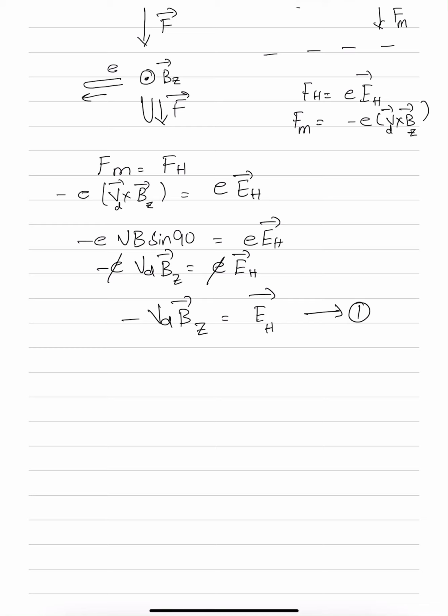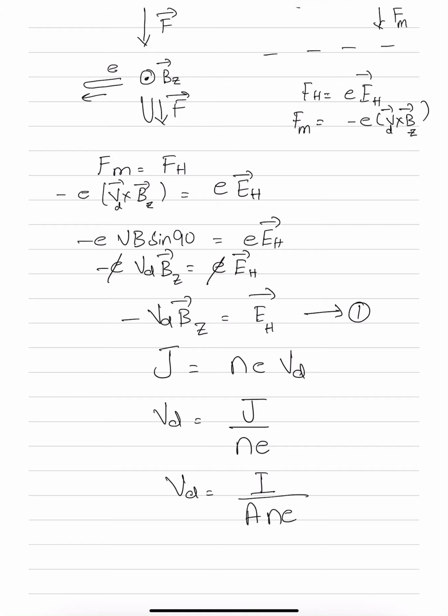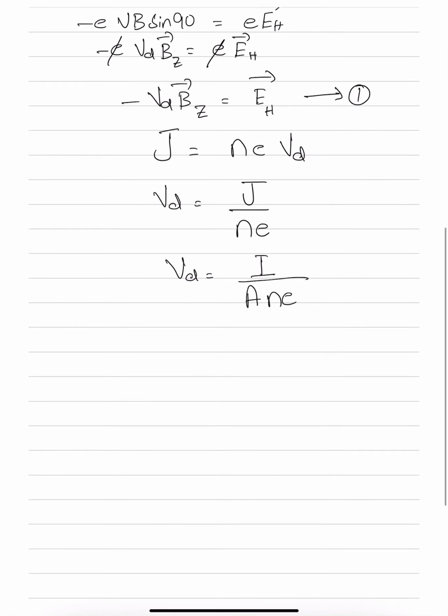We know from high school that the current density J is equal to n e Vd, where Vd is the drift velocity, and Vd is equal to J by n e. Or we can say that Vd is equal to the current density, which is current per unit area, divided by n e.